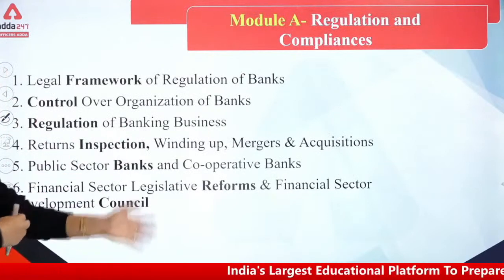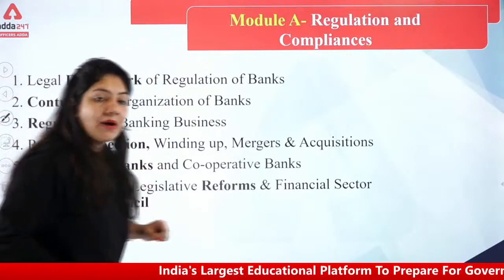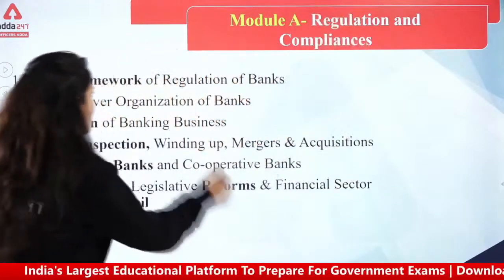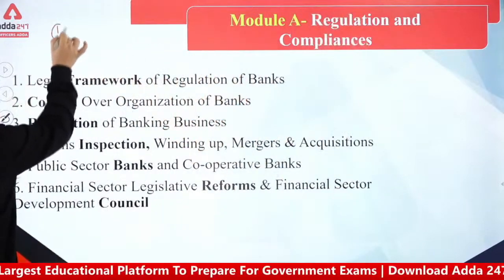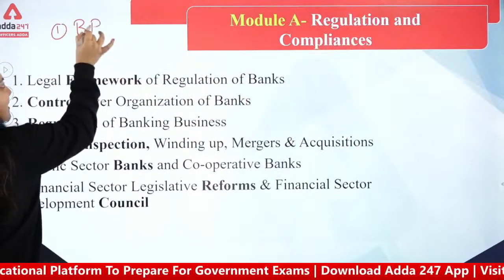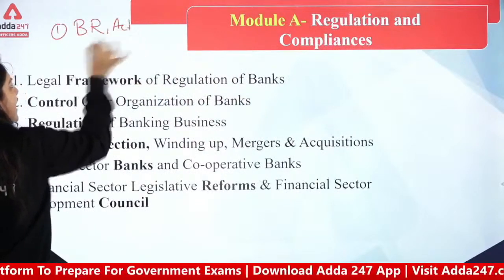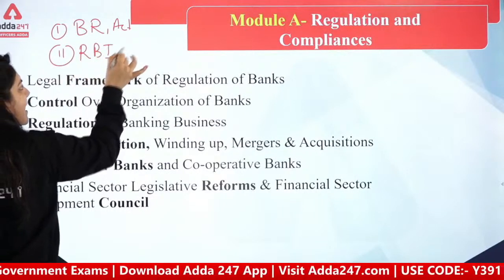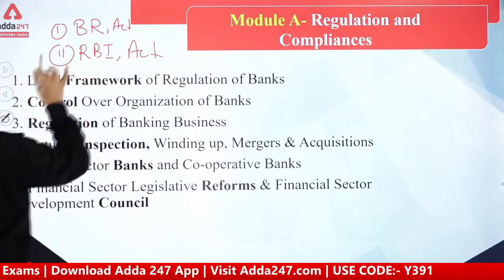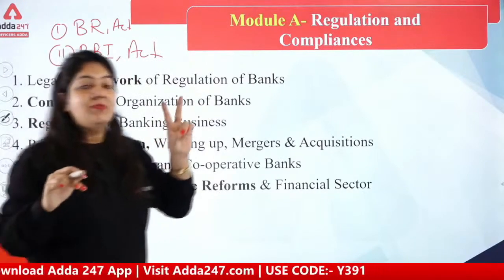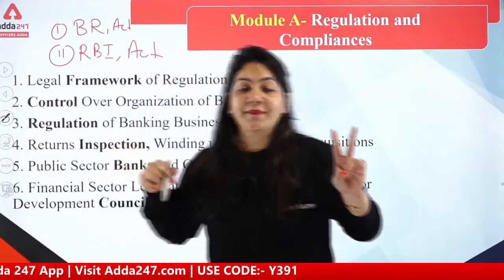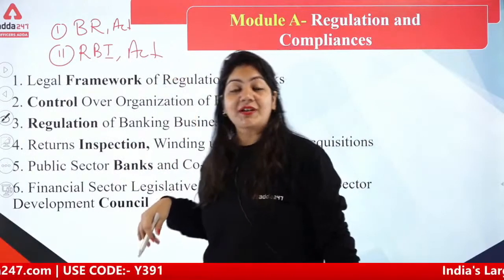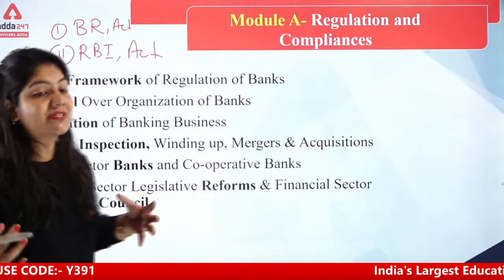First of all, module A. If we talk about module A, then only 2 acts you have to mug up. What are the 2 acts? Number 1 is the Banking Regulation Act and the second one is the Reserve Bank of India Act. Only 2 acts are important in your module A. Just count the acts, okay? And in the Banking Regulation Act and RBI Act, what sections are important?